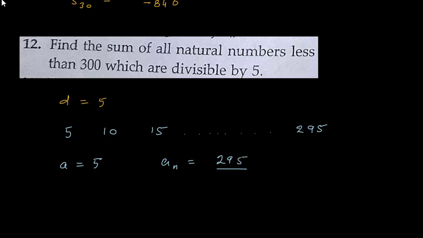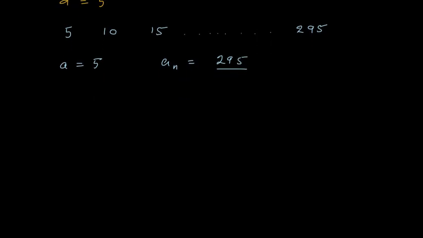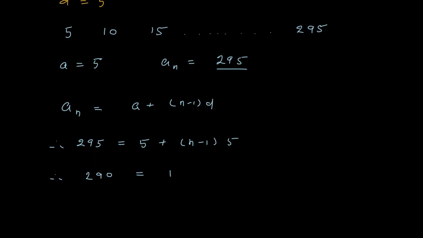Now to find the sum we should know the total number n, so we use the formula an equals a plus (n minus 1)d. So an is 295. So 295 is equal to a, your first number 5, plus (n minus 1) into d, which is 5. So 290 is equal to (n minus 1) into 5.